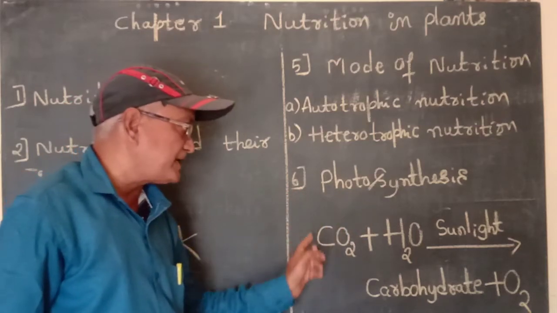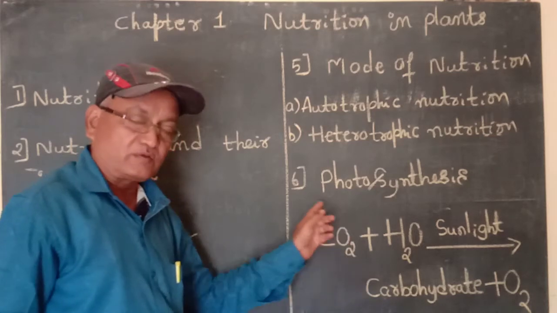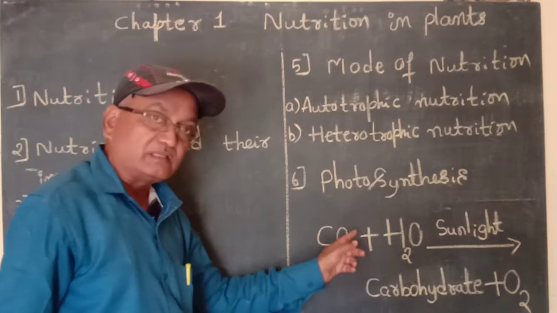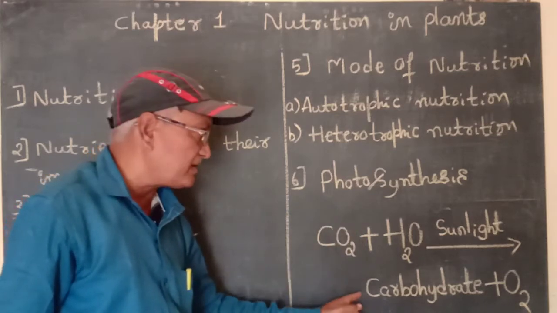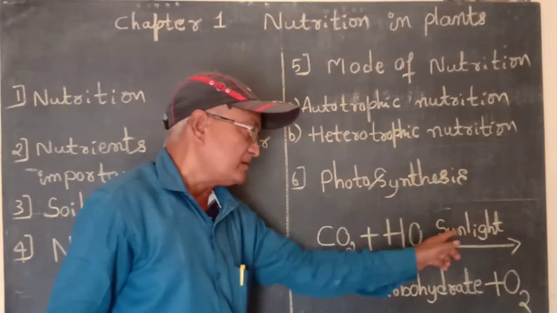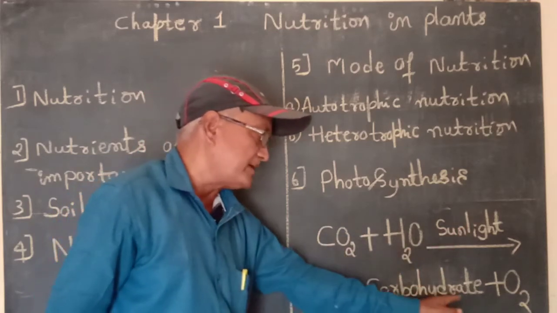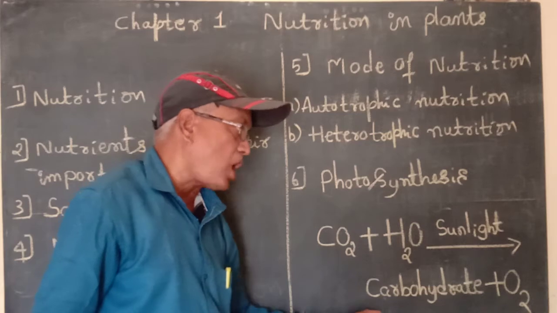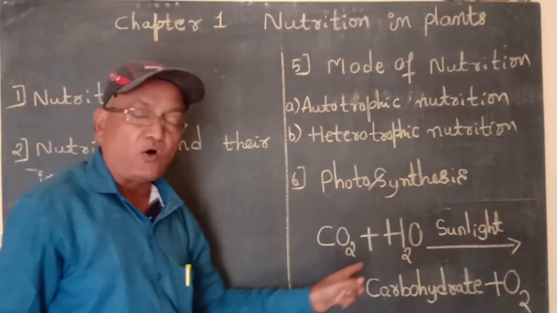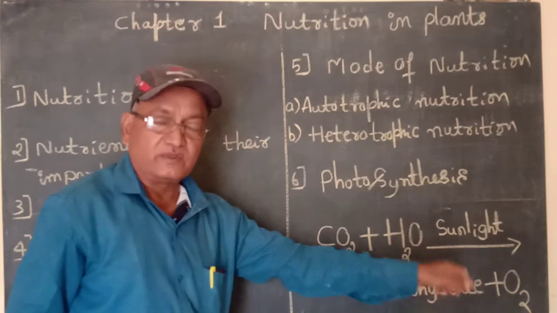Plants use carbon dioxide from the atmosphere and the water present in the leaves, and with sunlight, they produce carbohydrate, which we call starch. At the same time, in this process they release oxygen to the atmosphere.